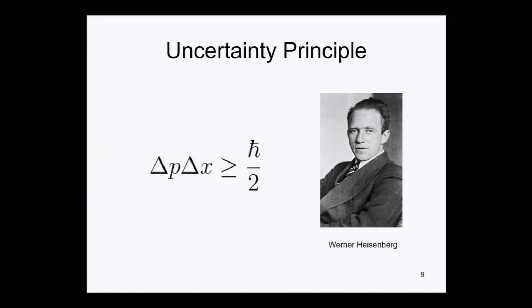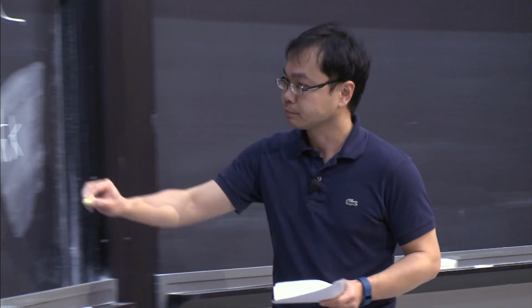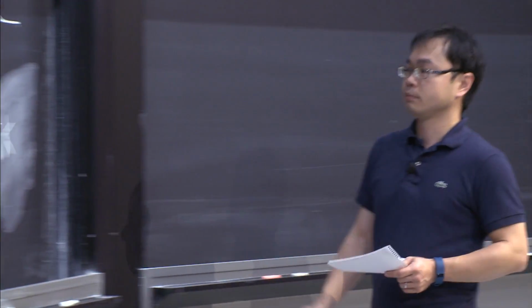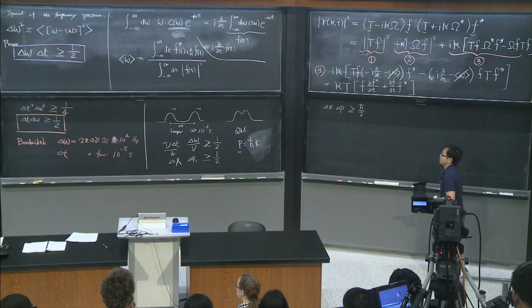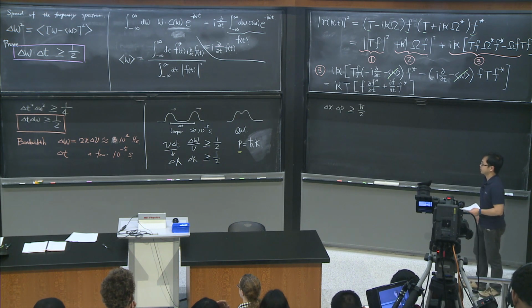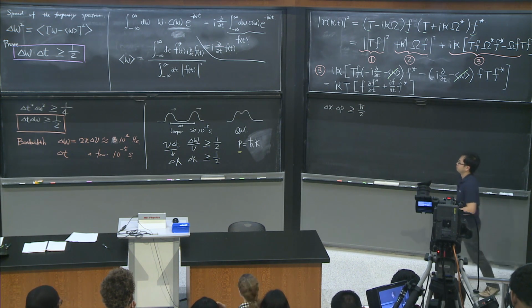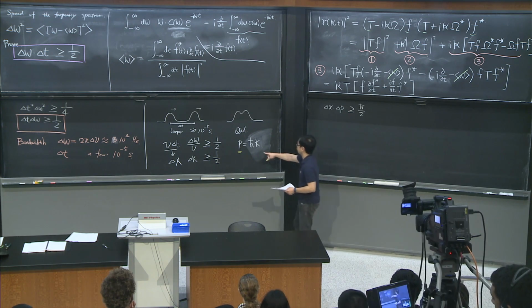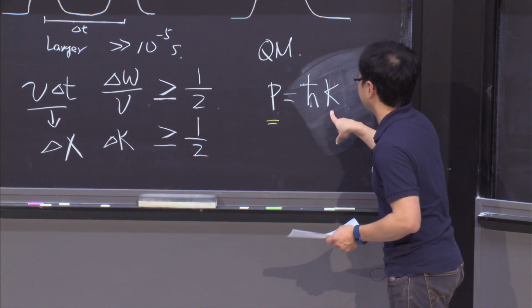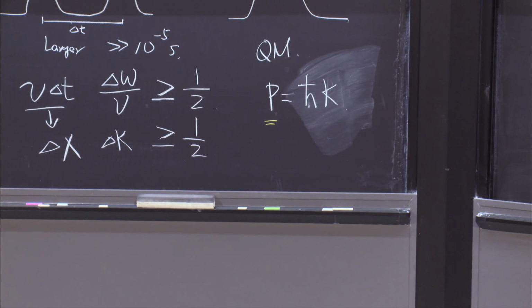If we describe all those particles we see by quantum mechanical waves, and I have momentum p, that will correspond to a wave function with wave number k, and the constant which associates p and k is the Planck constant.